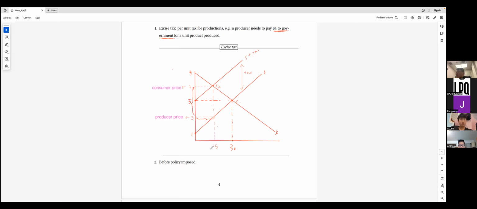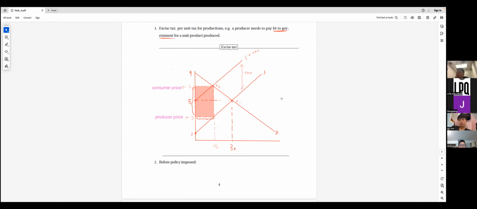Now it is 15 units. So per unit tax times how many units can be traded in the market. So this area can represent the total tax revenue taken by government.